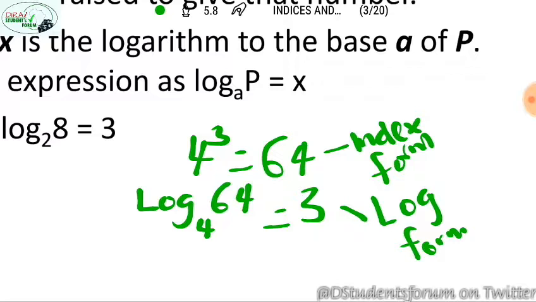So 64 is the result in the index form, and in the logarithmic form we have the base of the index form expressed as the base here, and the index expressed as the log. For every index expression, the result is always the direct log number, and for every log number, the result is always the direct index of that particular number.